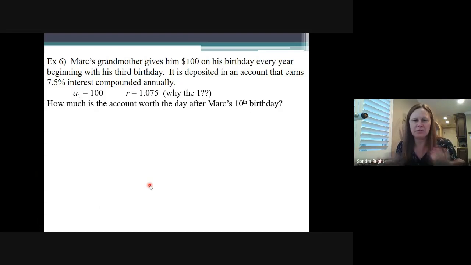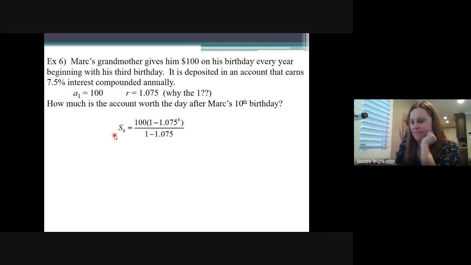If you do 10 minus 3, you get 7 years. But in reality, 3rd birthday, 4th birthday, 5th, 6th, 7th, 8th, 9th, 10th birthday. It's been 8 times. So your N is 8. So you're finding the 8th partial sum. So you're always doing 10 minus 3 and then plus 1.